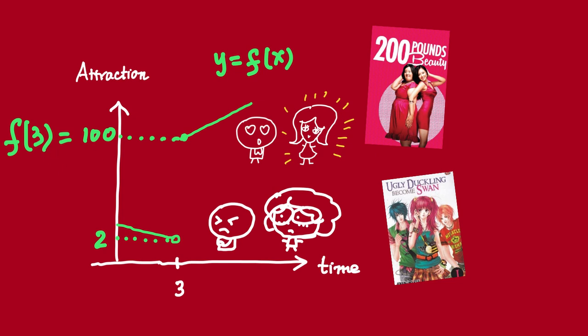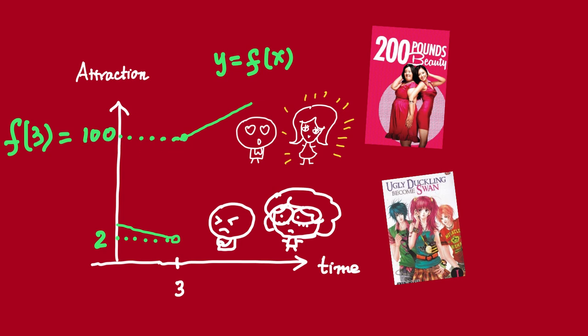As we've said, you know how to talk about values of a function at a point. But then, how do we talk about this number 2 here? Because that's not the value of this function. This is not f of 3, right? It's not how he feels toward her at this moment in time, right? At this moment, he feels really strong attraction.